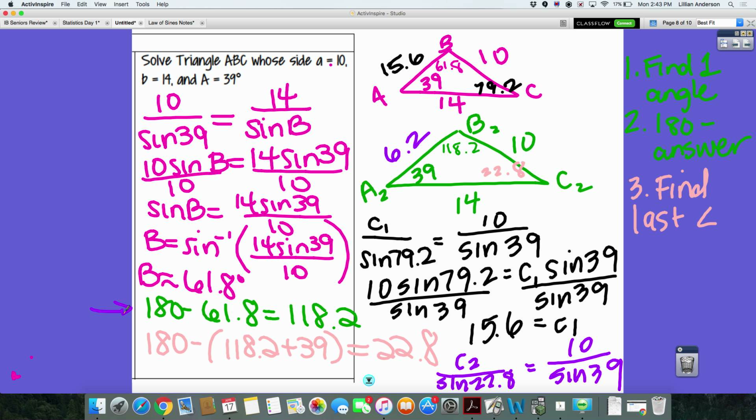Then that's going to be the potential angle B in the second triangle. Then you determine if you have two triangles by adding the 118.2 and the 39 and subtracting it from 180. Basically, we're finding the third angle. If it's positive, we have two triangles. If it's negative, we only have one. Because it was positive, that was angle C in the second triangle. And then we find the remaining pieces of information.